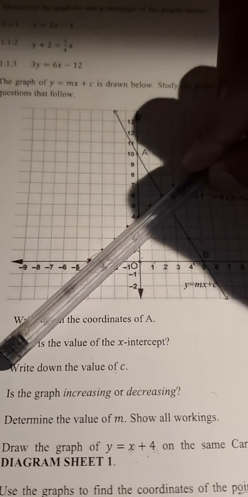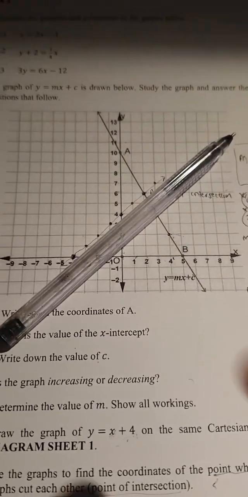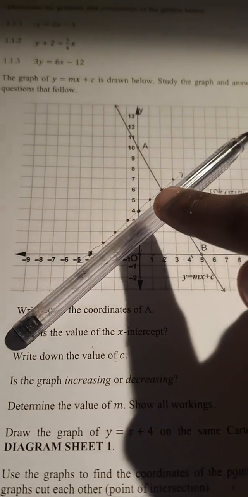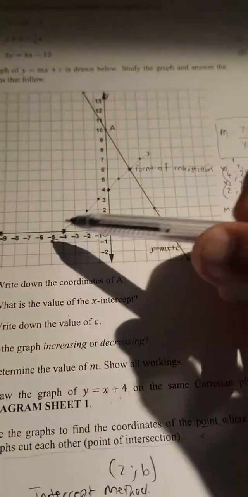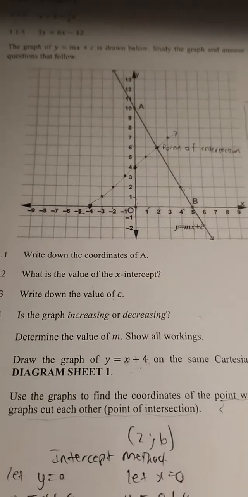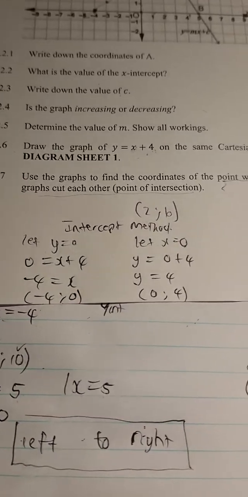When you connect those two points, if you draw, you will see that the line will still be the same. And it will pass through where the two lines intersect, that 2 and 6 still, if you use the dual intercept method.